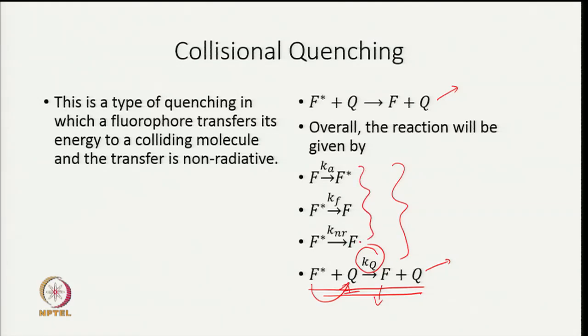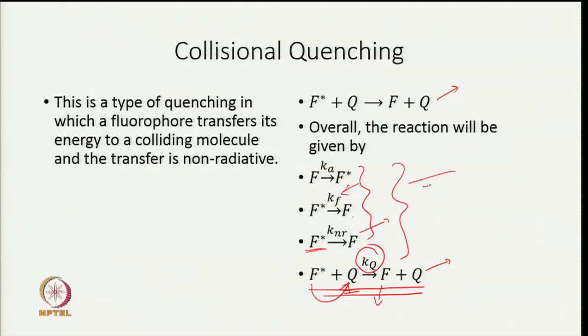This is a step I have already discussed. F is going to F star with Ka, F star will go to the ground state by fluorescence, where the rate constant is Kf. The excited fluorophore is going to the ground state by non-radiative transition with rate constant equal to Knr.